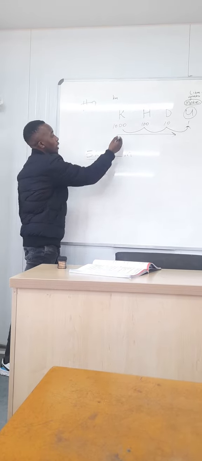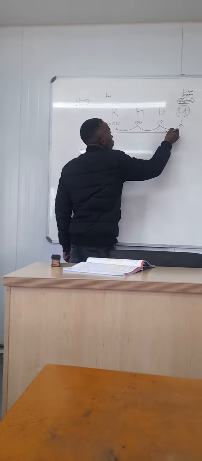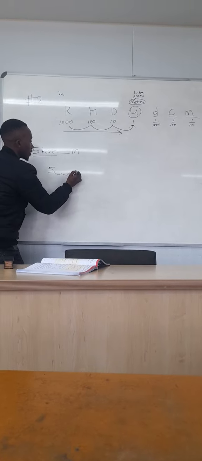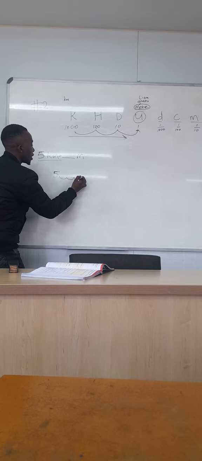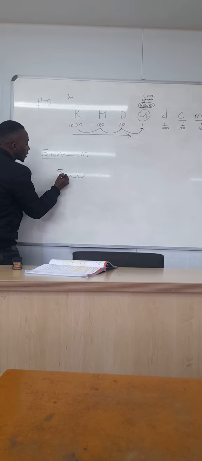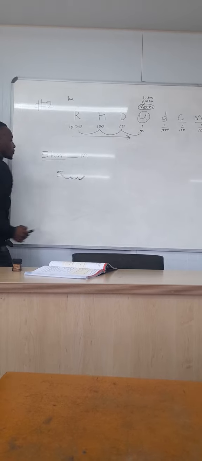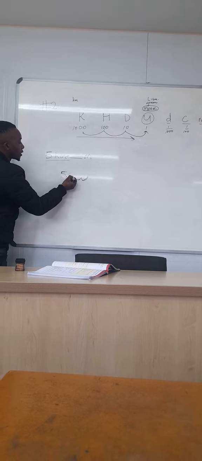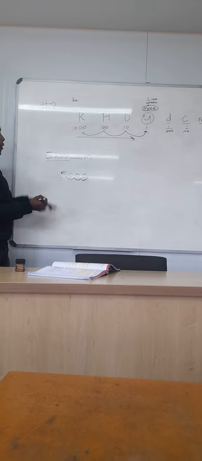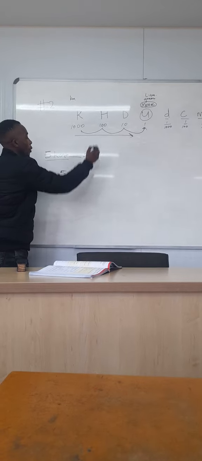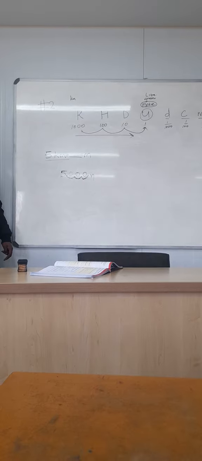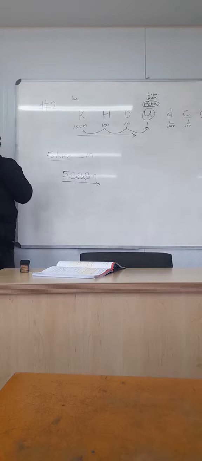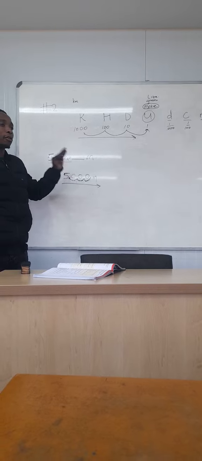So I count 1, 2, 3, and my decimal point will be here. If there are no numbers here, it means there are zeros. So my answer is going to be 5,000 meters. So this is another way of converting units of length.